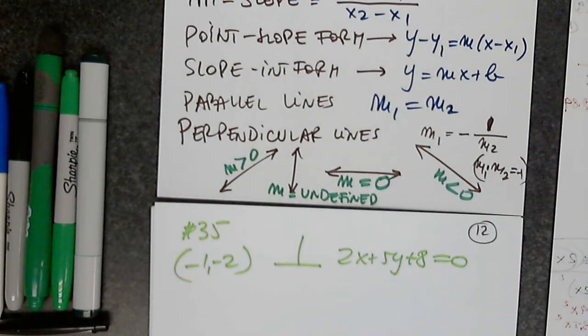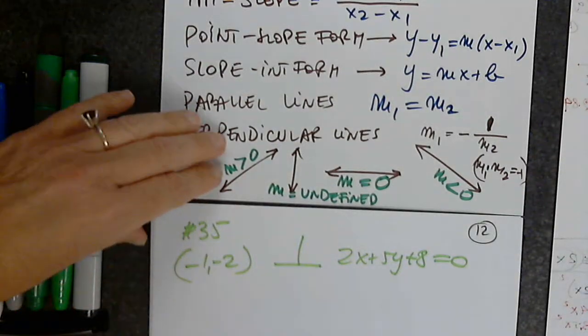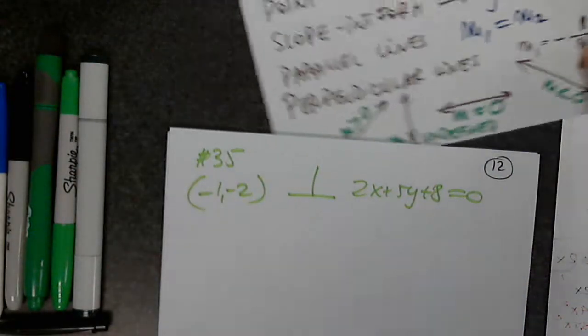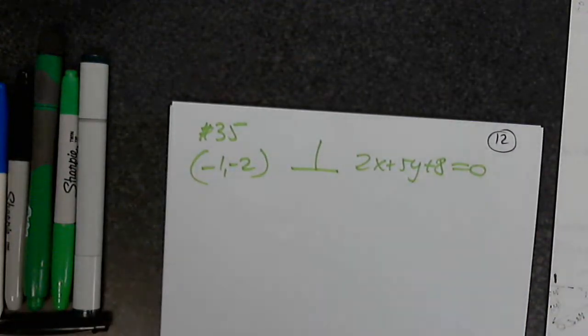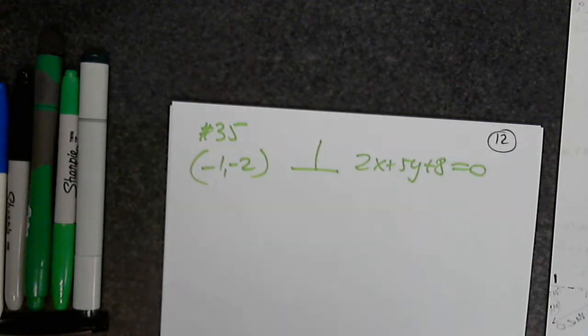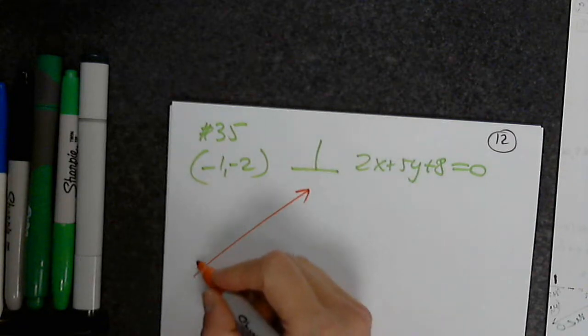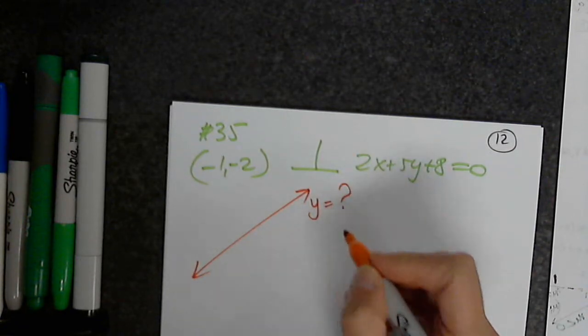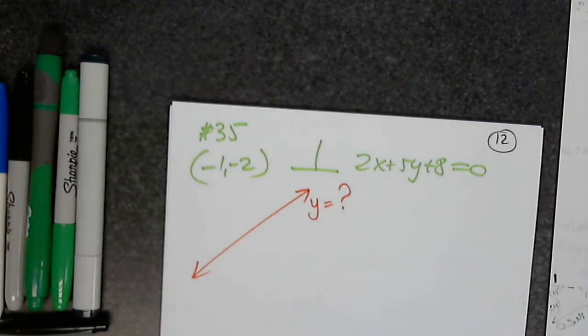So we're asked to find an equation of a line. I'm just going to graph the scenario. I'm not really graphing any particular line. We are asked to find the equation of this line, and we know two different things. Two pieces of information are given to us about this line.